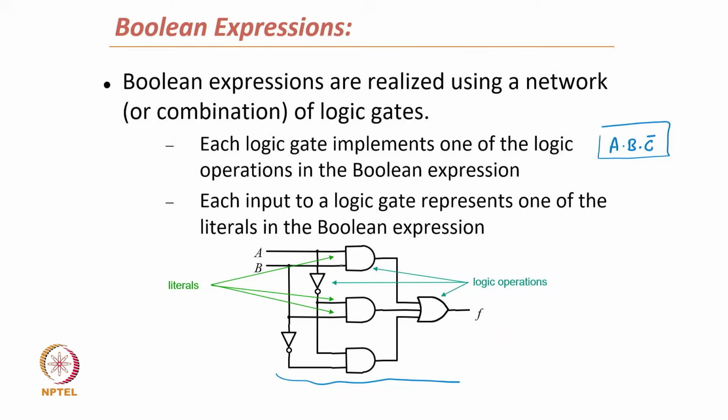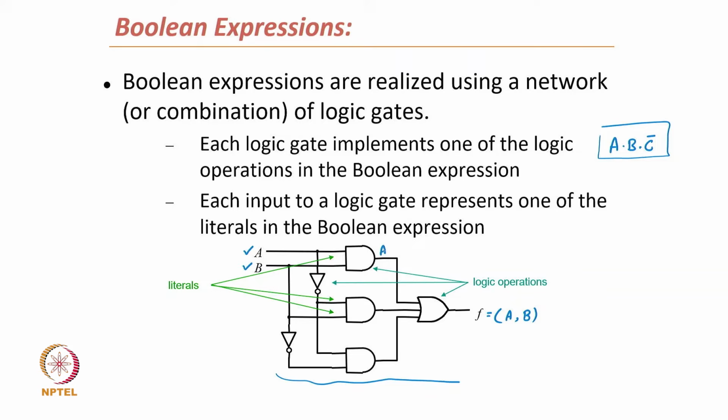This is a sample logic circuit which is implementing a function of 2 variables, A and B. It is implementing certain logic which we can easily decode even from this circuit itself. A and B both are going to an AND gate.